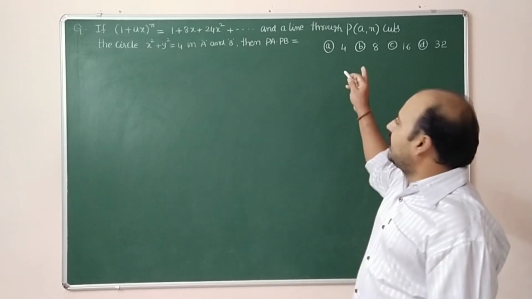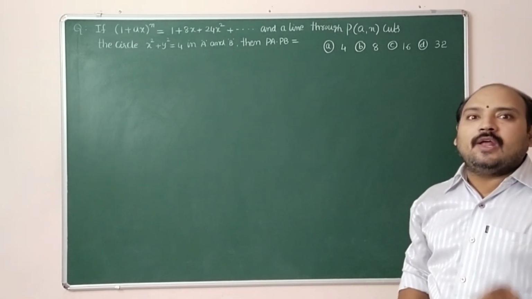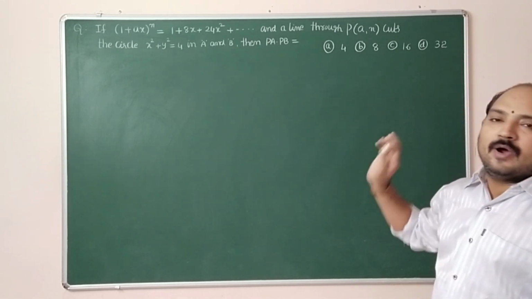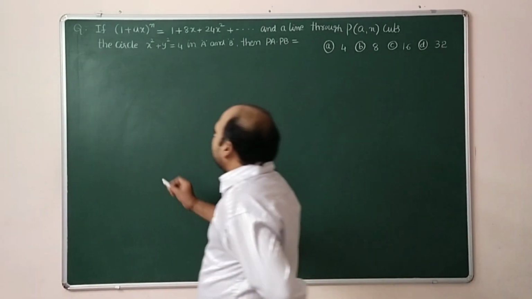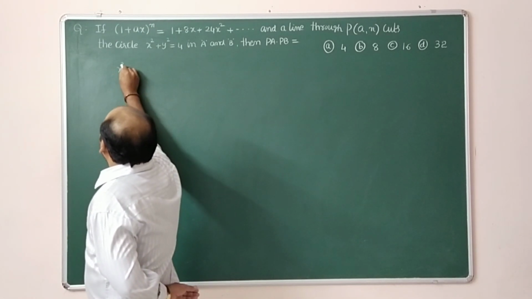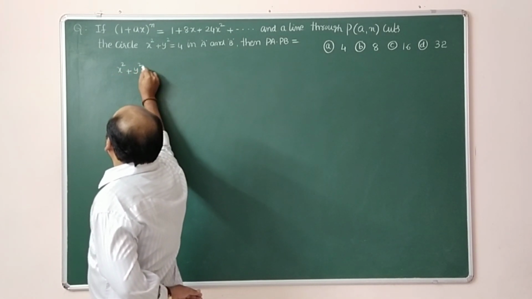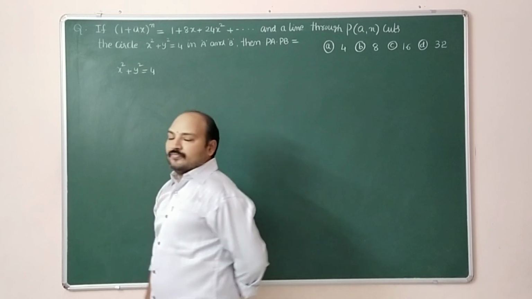So here P indirectly is given, we have to calculate. P of a comma n, what is the given circle? x square plus y square equal to 4. This is the given circle.